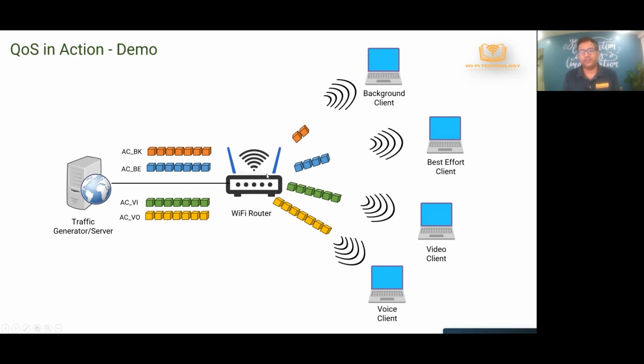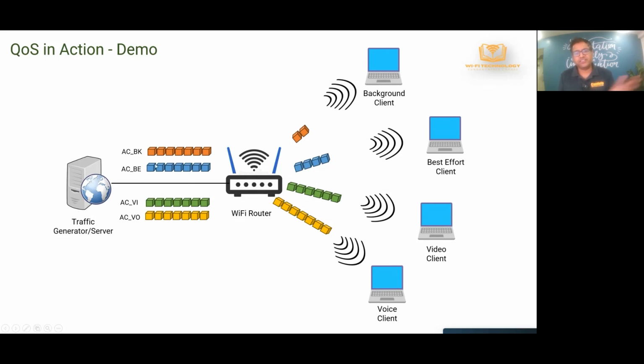And there are 4 different Wi-Fi clients connected to the Wi-Fi router using basically our client emulator box. They're all created in the same box, and so we have created 4 Wi-Fi clients, and now we're sending one traffic stream to each client with different priorities. So for example, this is the background client, best effort client, video client, and voice client, and to each one of these clients, there's one traffic stream.